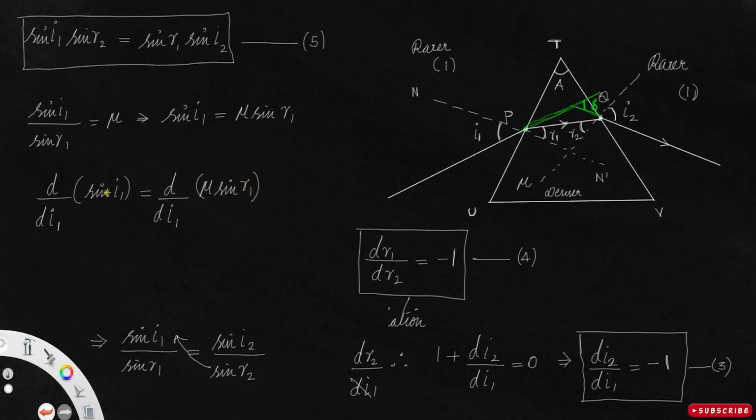So the derivative of sine is cos. So cos I1 is equal to, you can take the mu out, so mu into the derivative of sine R, which is cos R1, into, here the variable is different. You are differentiating R1 with respect to I1, so you have to put dR1 by dI1. Clear? Let's call that equation number 6.